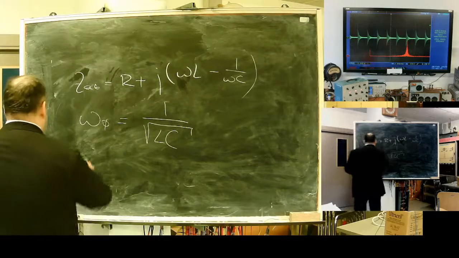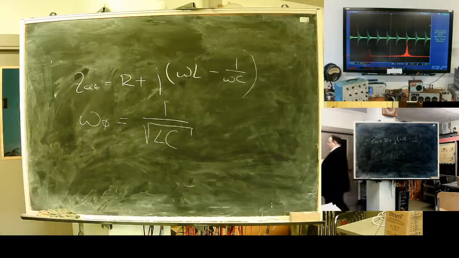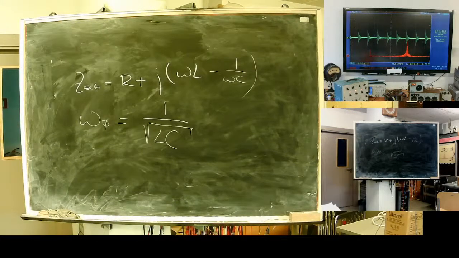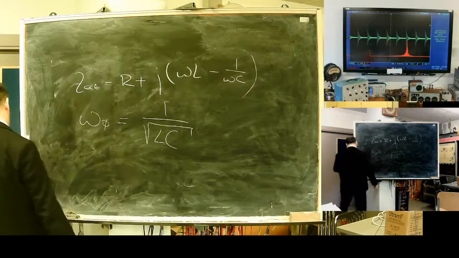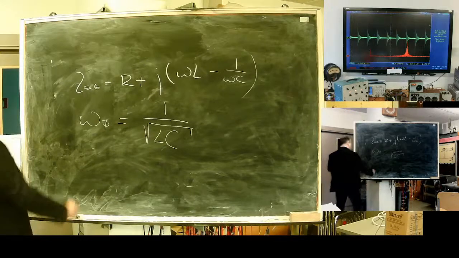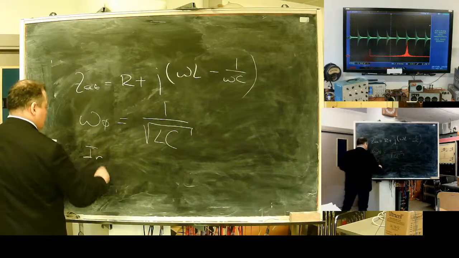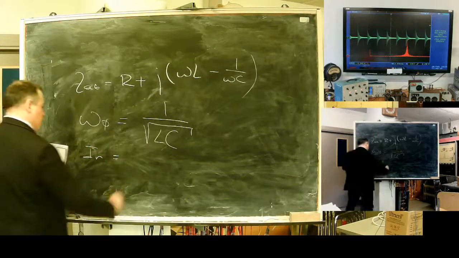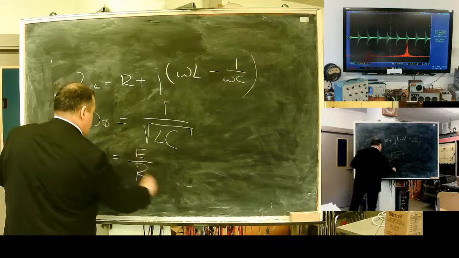It is a resonance frequency. Resistance will fall, will diminish to the active component. Current at the point of resonance will be divided by R.